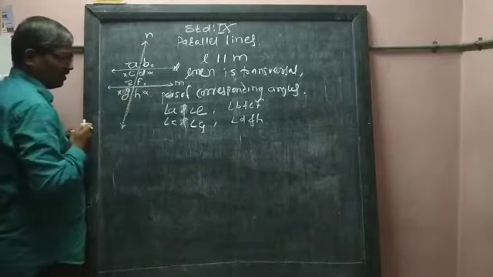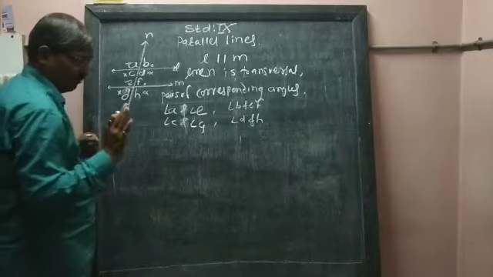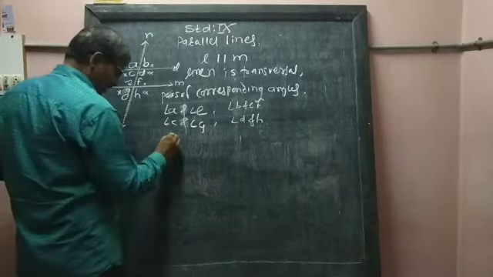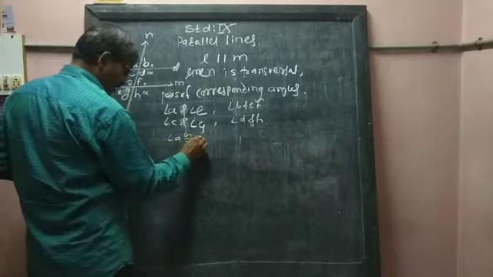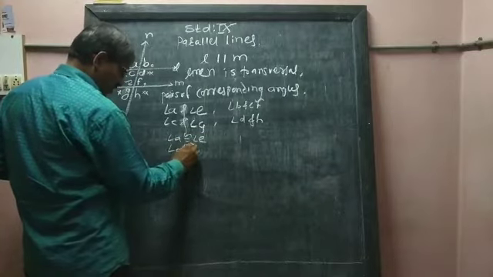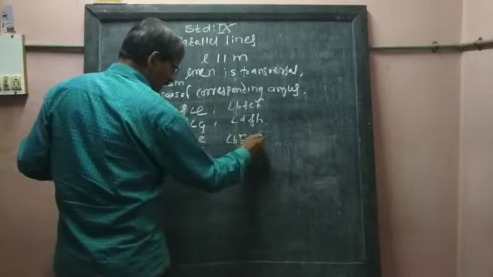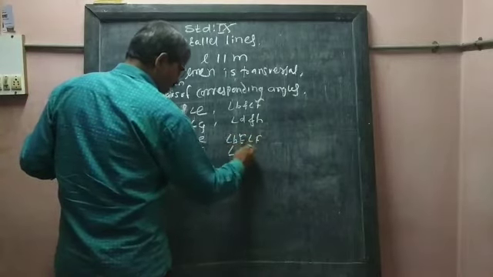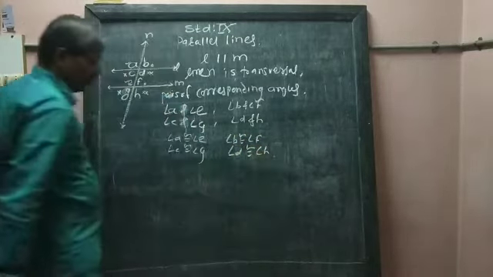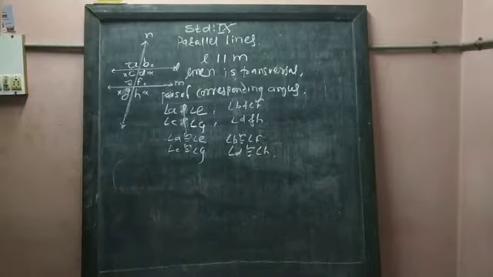These are called corresponding angles. So angle A is congruent to angle E, angle C to angle G, angle B to angle F, and angle D to angle H. Corresponding angles are congruent.